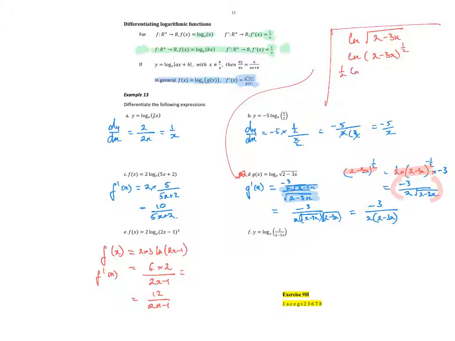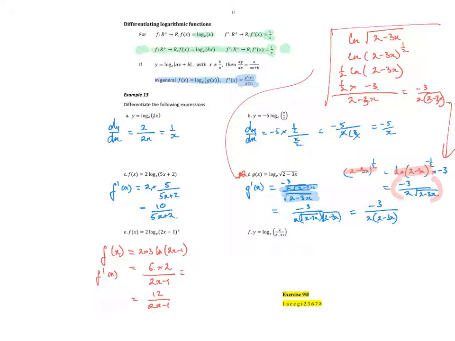Half natural log of 2 minus 3x, which means we get a half times the derivative of that, which is negative 3, over the function itself, which is 2 minus 3x, which is equal to negative 3 on 2 times 2 minus 3x. Same answer, but how much easier was that? Just because we picked up on the little log law that we could use first.